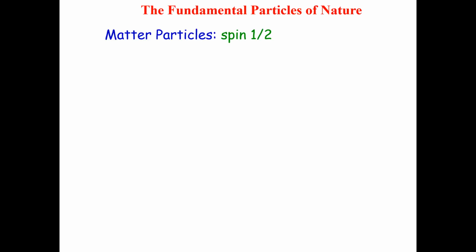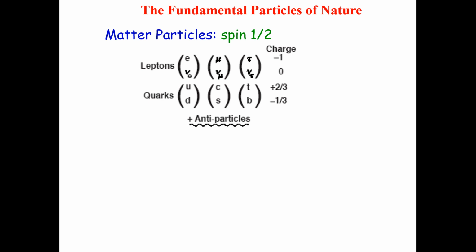So the fundamental particles of nature, you know that these matter particles have spin 1 by 2, and we say they are classified as quarks and leptons. We already had some discussion about the quarks and the leptons, and we will have many more discussions about the quarks, their classifications, and also about the leptons.